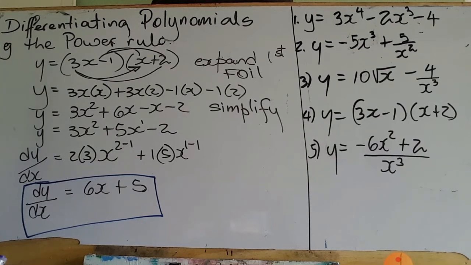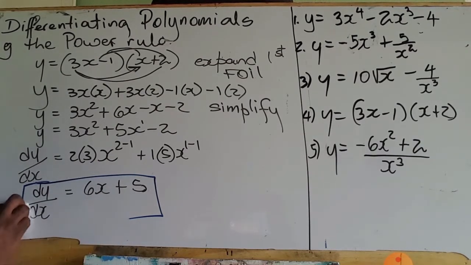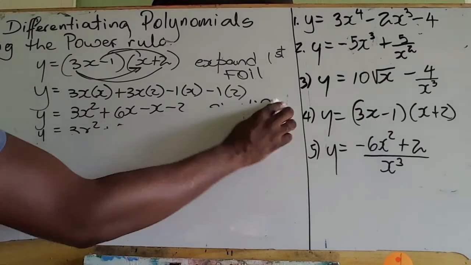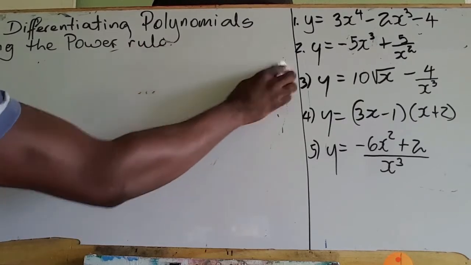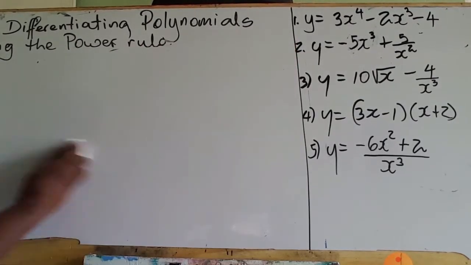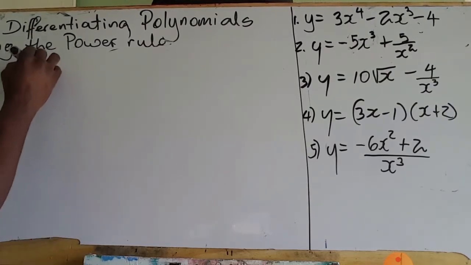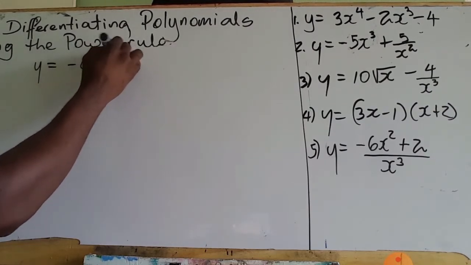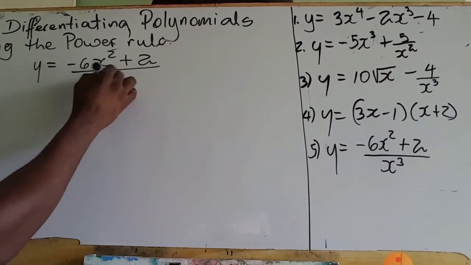Okay, let's look at the last example. All right, the last example. Example 5. So y is equal to negative 6x squared plus 2 all over x cubed.